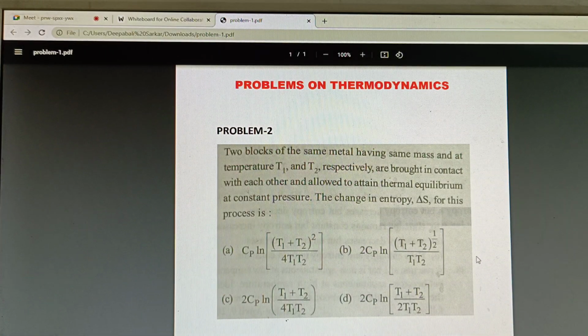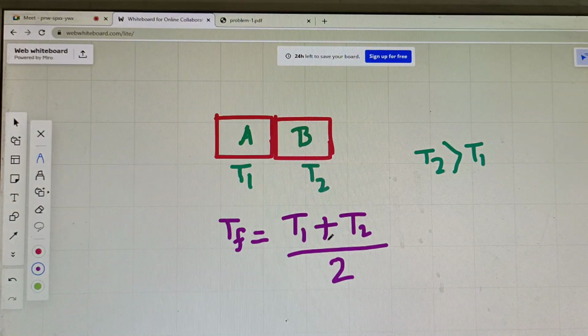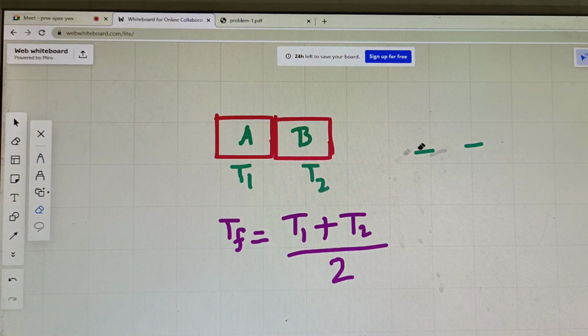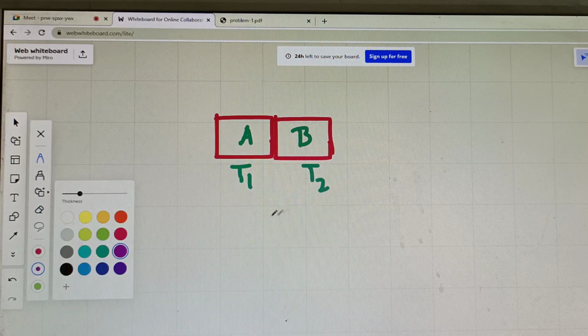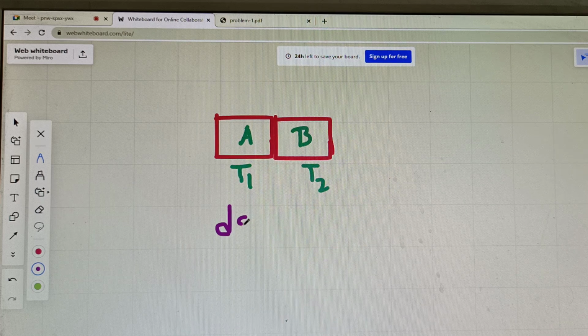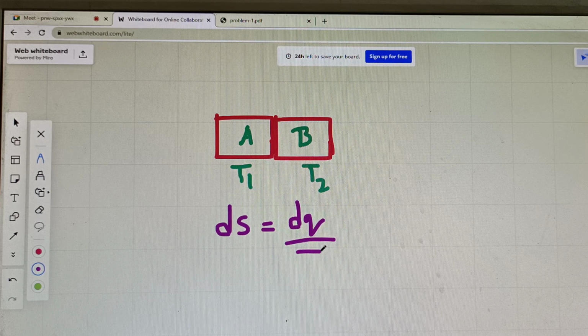Now we have to find what? You can see the problem, that is the change in entropy. We have to find the change in entropy. Now what is entropy? We know this expression: dS, S is entropy, equal to dq by temperature.